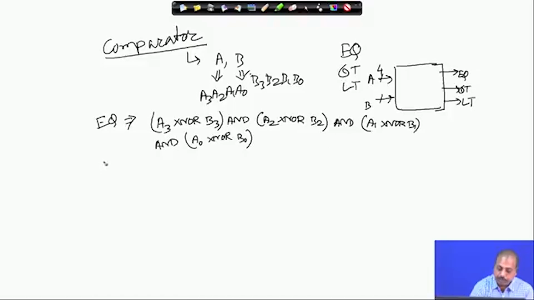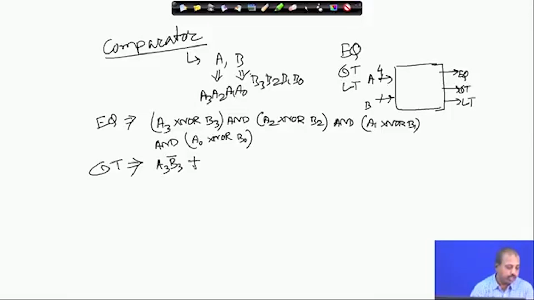On the other hand, if you are trying to get the expression for GT, so A is greater than B, the first condition is that A3 equal to 1 and B3 equal to 0, then you have A greater than B. The first condition is A3 B3 bar. The next condition is that A3 and B3 are the same, but A2 is equal to 1 and B2 equal to 0.